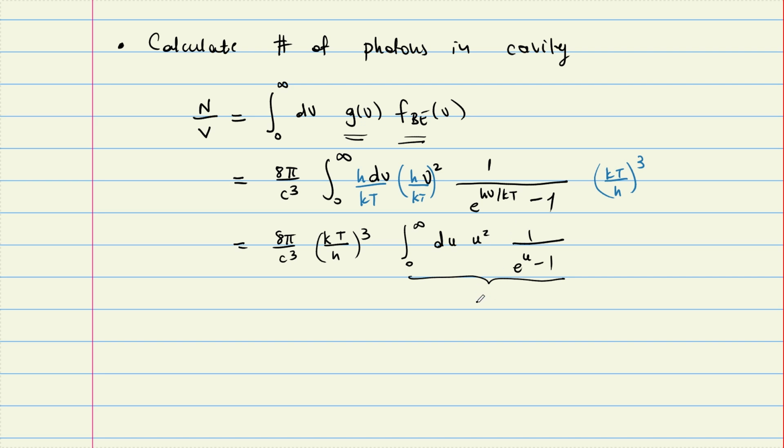the result is the so-called Riemann zeta function. This is 2 times zeta 3, and its numerical value is something like 2.4411. Then N over V is going to be equal to 8 pi over c cubed, 2 zeta 3, kT over h cubed.